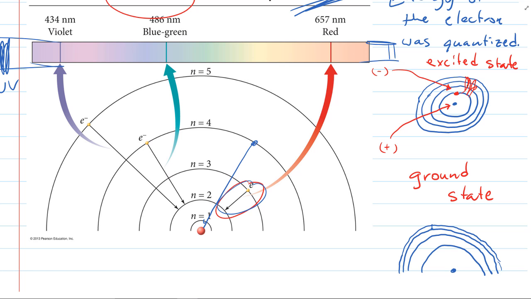That's why we can put a model up here, and this model that you're observing is going to be identical to the model that we observed the other day, because according to Bohr, the energy of the electron was quantized. When we say that something is quantized, that means that only certain very specific values are allowed and nothing else.